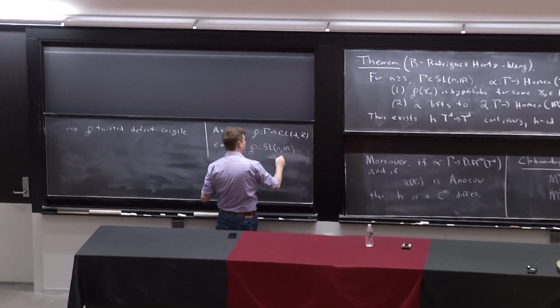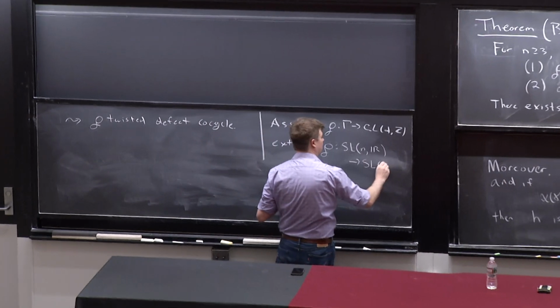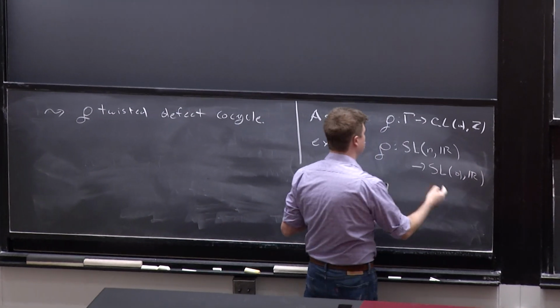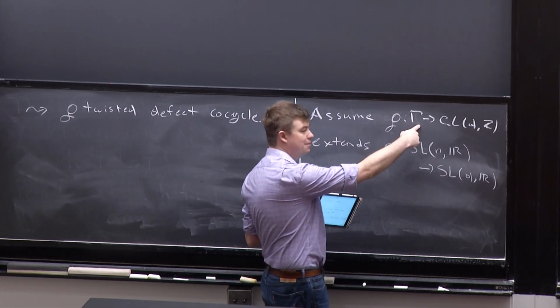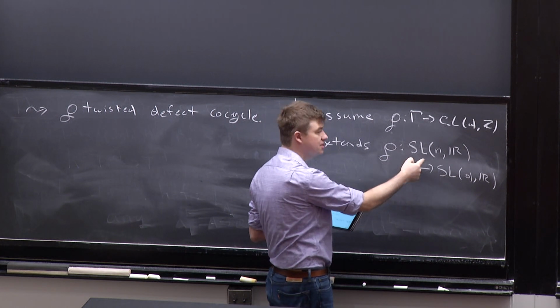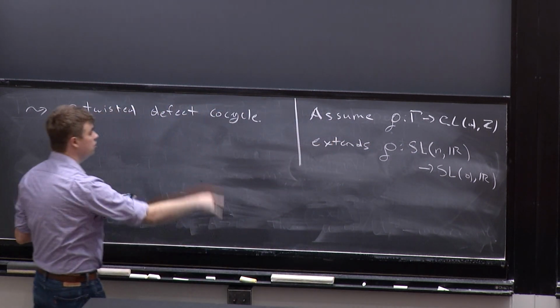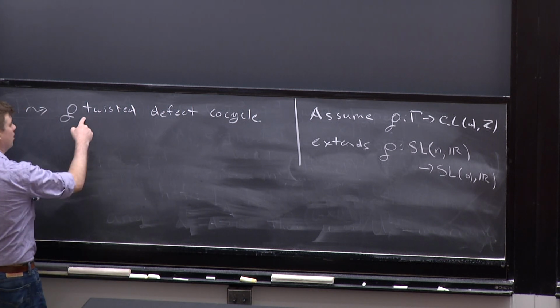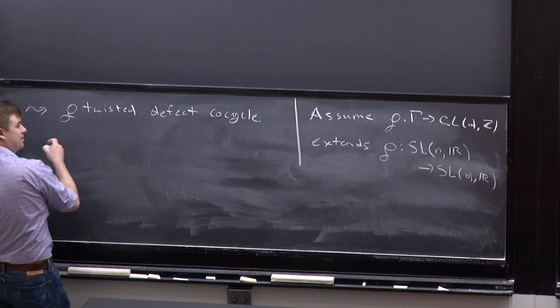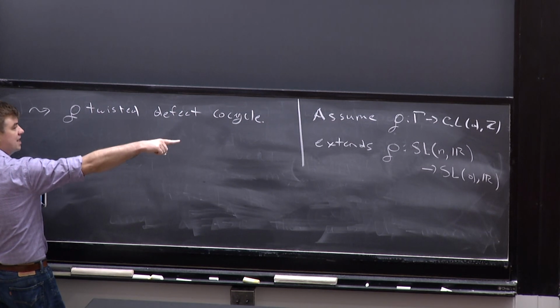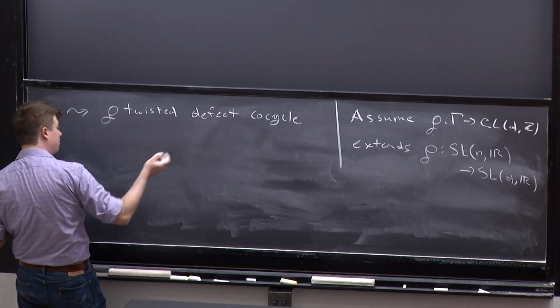This is a mild hypothesis. So a priori, I only know what rho is at gammas. I'm going to assume I know what rho is at g's. And up to some algebra, you can always assume that you're in this situation. So there's some object that measures the defect of a guess satisfying H, capital H over there.